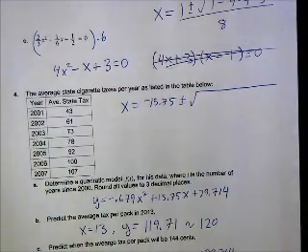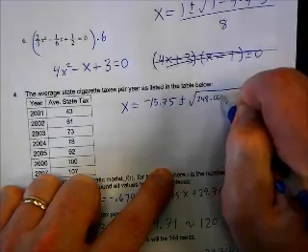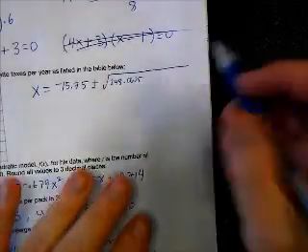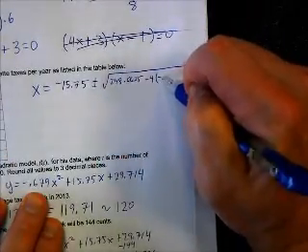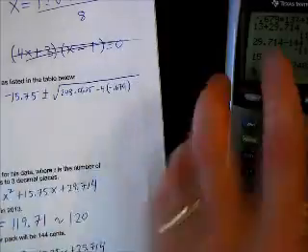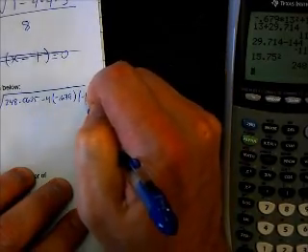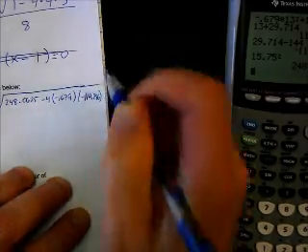That's 15.75 squared, which is 248.0625, minus 4 times a, which is negative 0.679, times c, which was negative 114.286, divided by 2 times a.